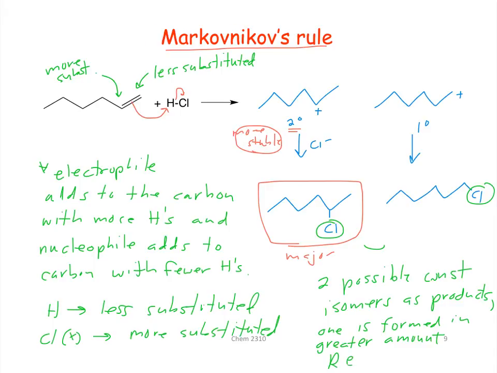So we call this a regioselective reaction. A regioselective reaction is one that has the possibility of forming more than one constitutional isomer, but it forms one or some of them more than others.